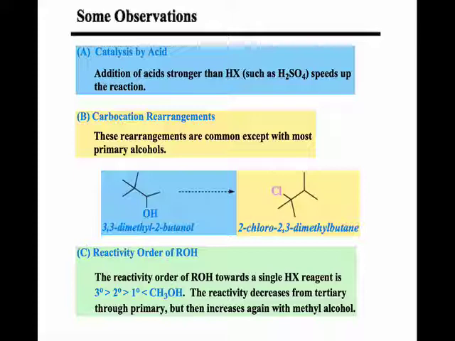Okay, so let's look at it over here on the board. So if we have a primary alcohol that's protonated, and the nucleophile has to attack here, right, and break that bond. Now we think about that versus methanol that's protonated.